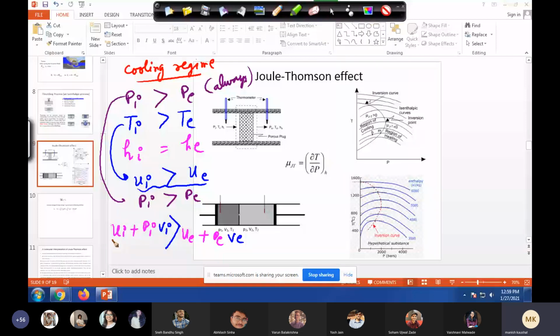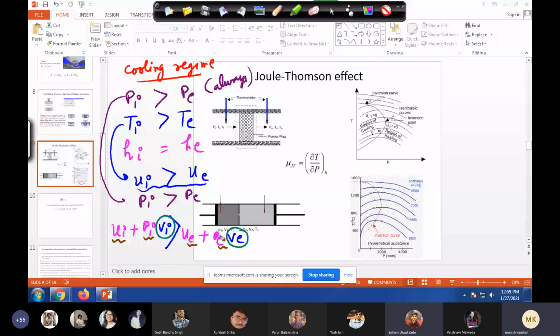This is greater than this, and this is greater than this, and still H is the same. In both components, on the left hand side, Ui and Pi are greater than Ue and P. Still H is constant. It means there's a lot of information in this.